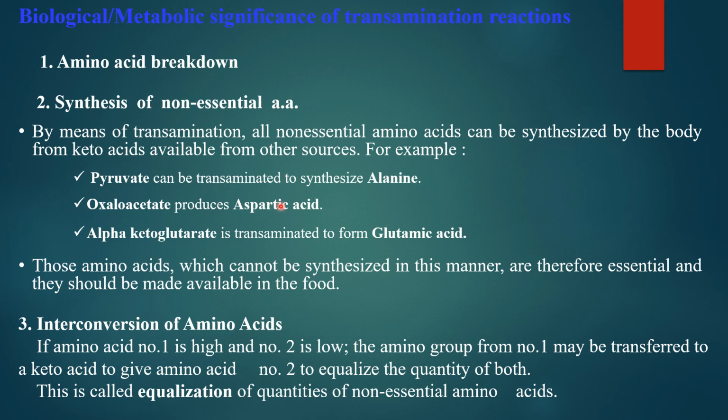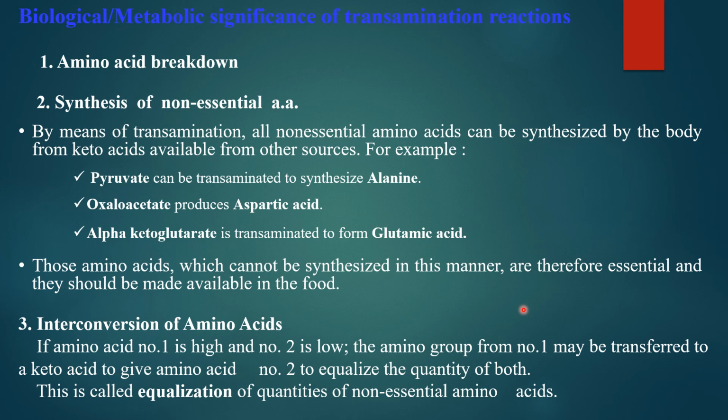Like pyruvate can be transaminated to synthesize alanine, oxaloacetate produces aspartic acid, and alpha ketoglutarate is transaminated to form glutamic acid.